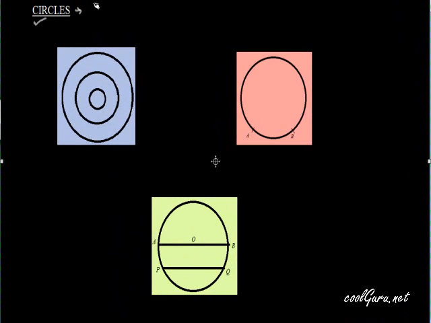We can say it is the collection of all the points that are at a given constant distance from a given fixed point.